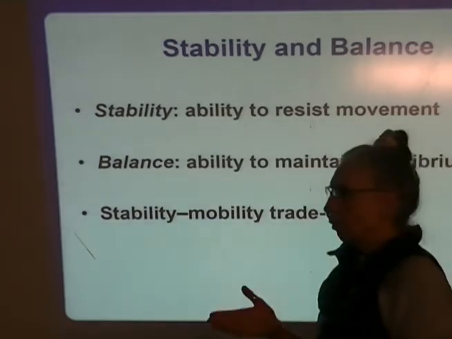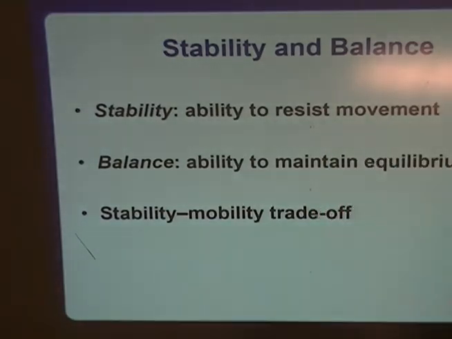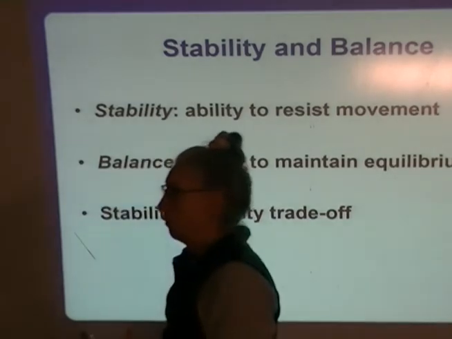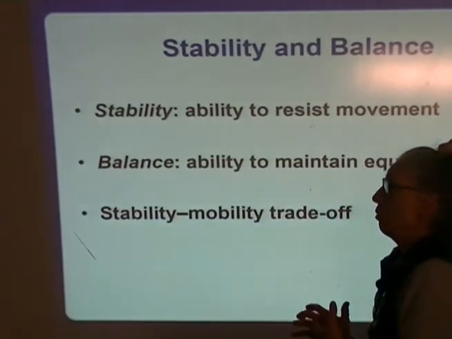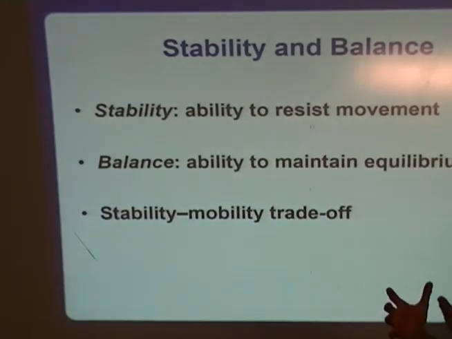What we get in sport often is what we call a stability-mobility trade-off. If I want to be stable, I can't also be very mobile and fast, right? And so many times in a sporting context, we have this dilemma, right?